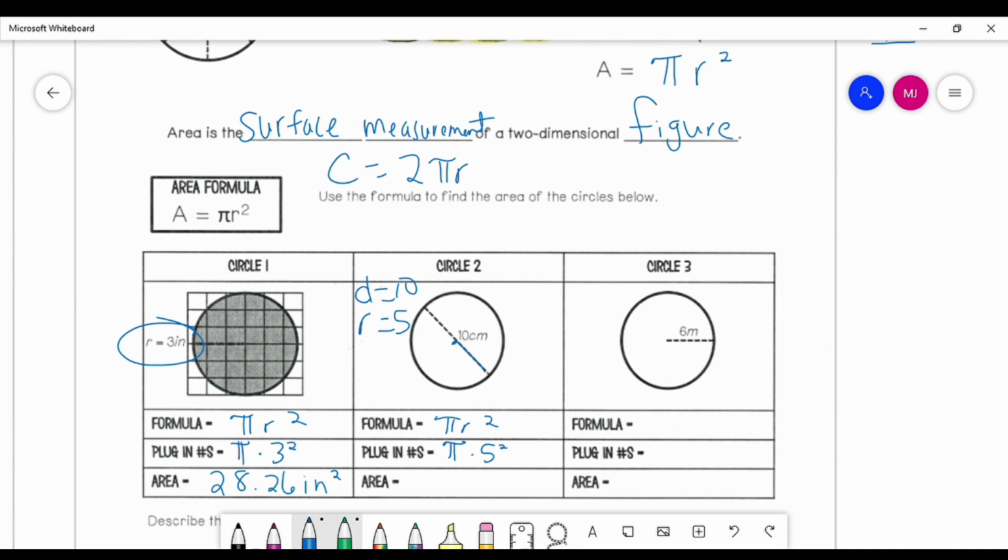So we're going to put that in our calculator. 3.14 times 5 caret top 2 equals.